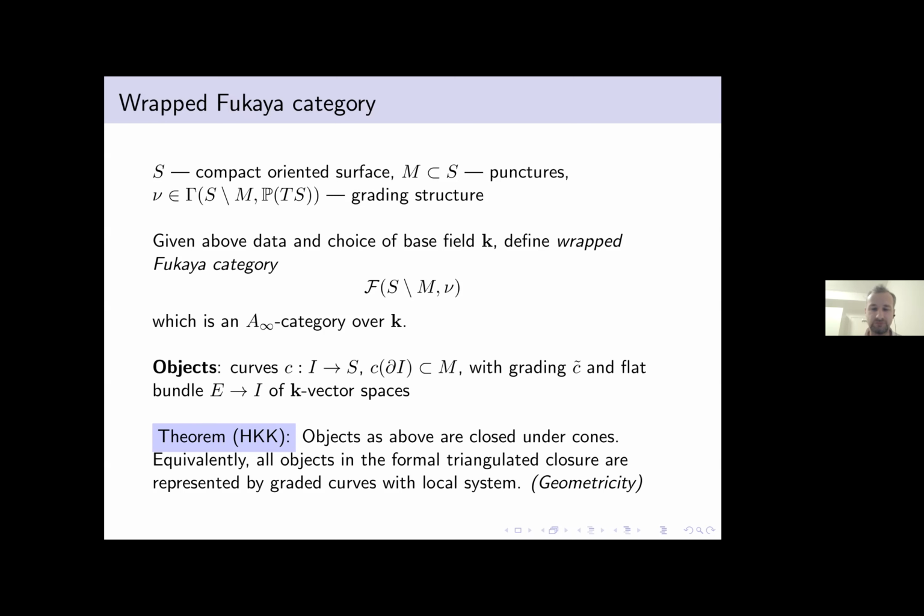A cone is a formal object, and this says that this formal cone is actually represented by some curve. Roughly, you can think of it as taking these two curves and smoothing some of the intersection points to get the new curve, which represents the cone. It's a bit more complicated if you try to prove an exact statement.